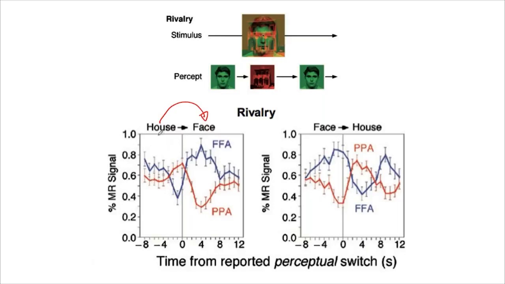What we feel in terms of seeing a house or a face changing to a house is because the brain is changing in the process that is happening in it. So it's exactly like the fusiform face area taking over, or the parahippocampal place area taking over.